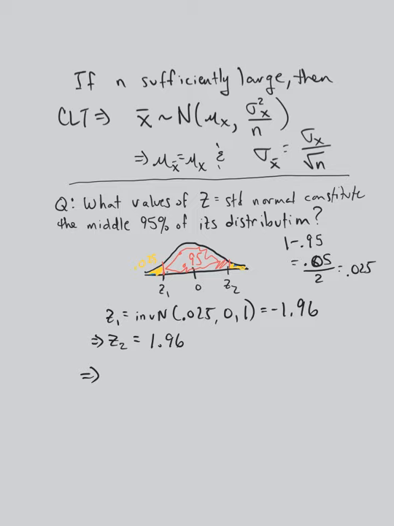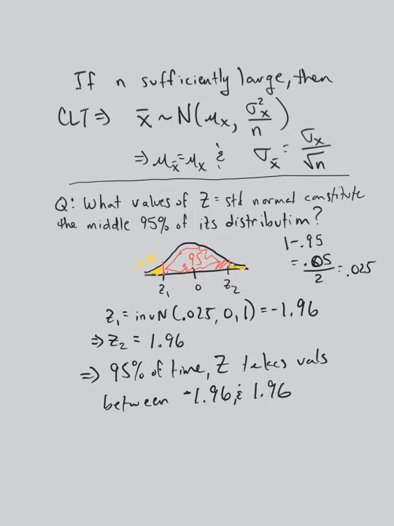What this is saying is that 95% of the time, a standard normal variable Z takes values between 1.96 and negative 1.96. Okay, so if I looked at samples of a standard normal variable, 95% of the time it would take values in between those two numbers.